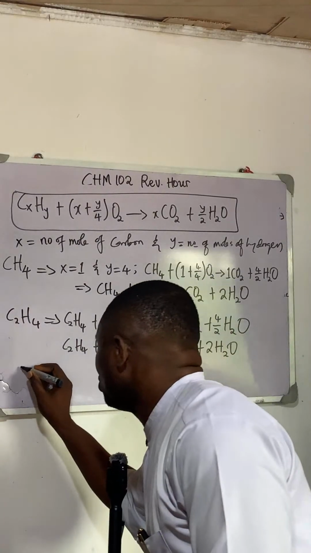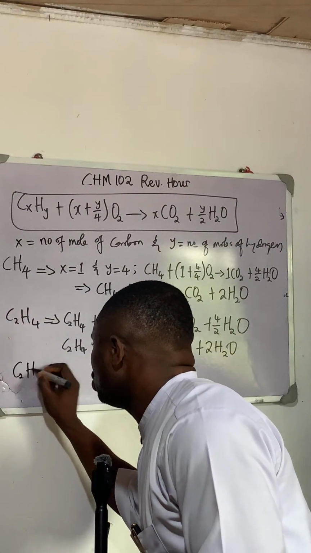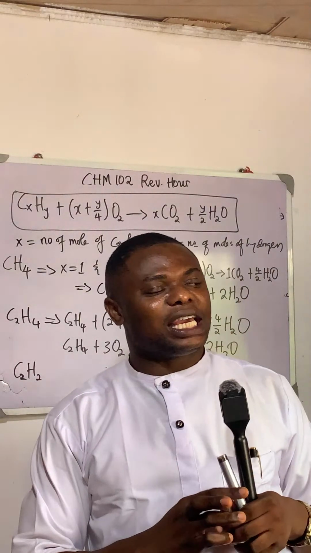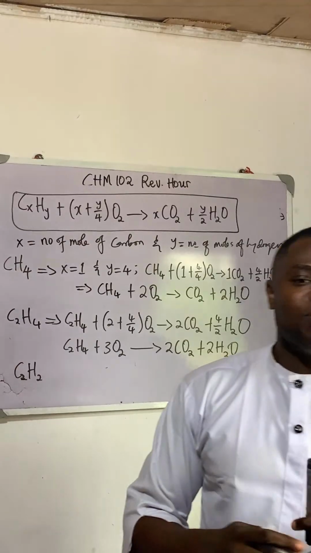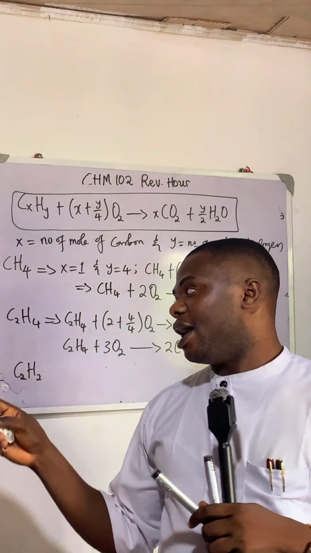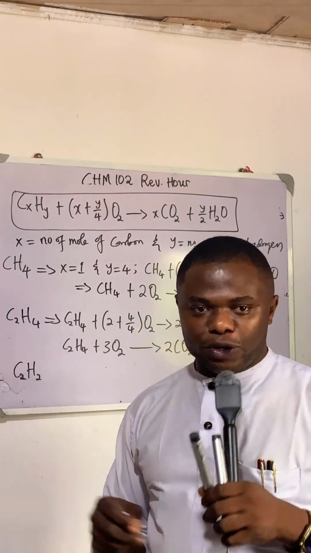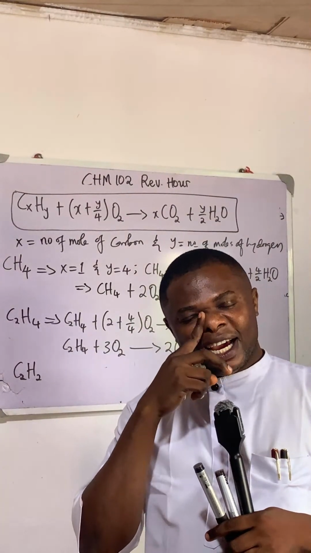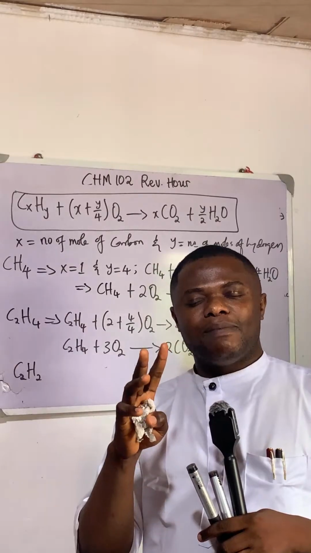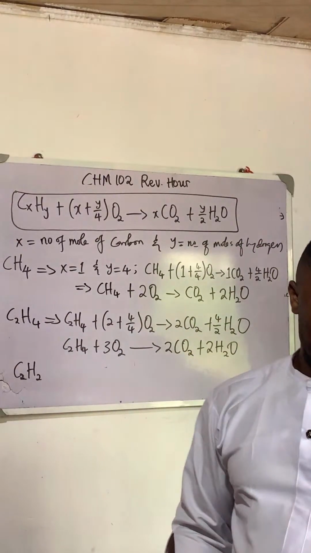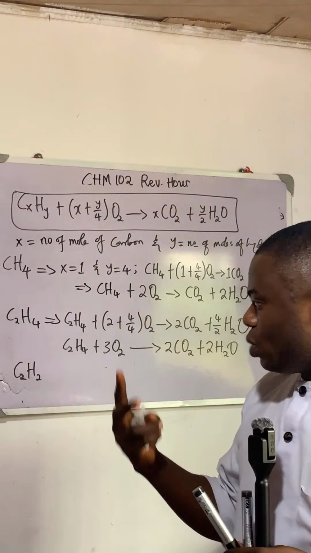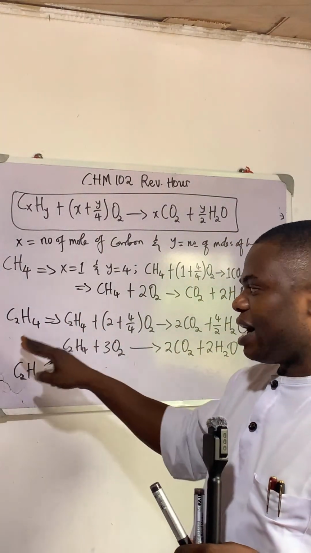Even if you want us to go to C2H2, as you can see in alkene and alkyne, the first member, meth, does not exist. The first member started from carbon atom number 2, from 2 carbon.